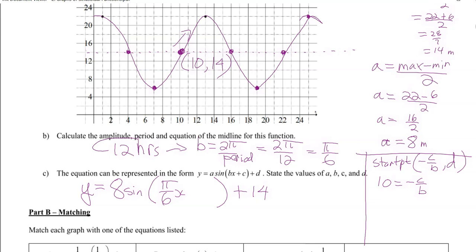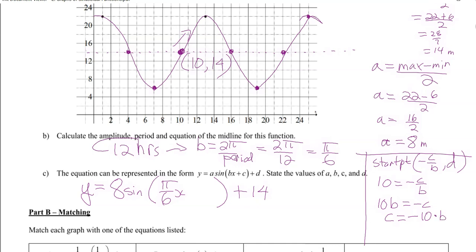We just get that point, 10. That 10 is equal to negative C over B. Now we know B. So let's do a little bit of work here. We'll just multiply both sides by B. 10B is equal to negative C. So C is equal to negative 10 times B.